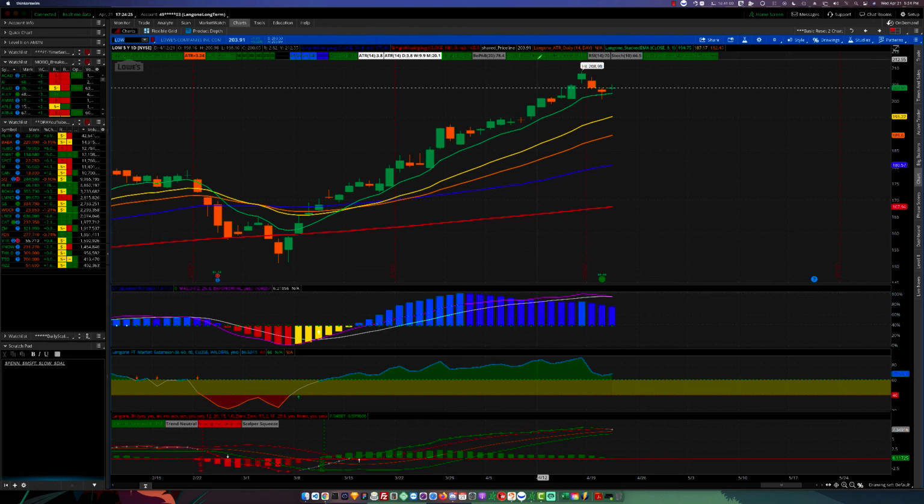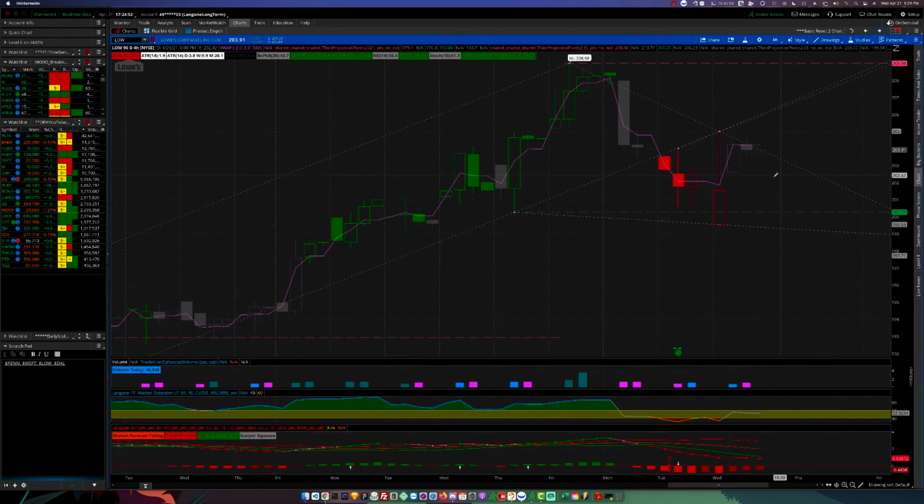We're 96% of the 52-week high, which means we're 4% below it. We're 90% of our 60-day high in channel. Positive VWAP. We've got positive market extension, and our MACD is positive on the daily.